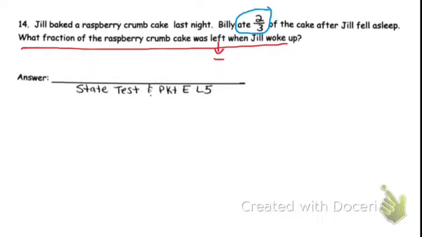So the fact that he ate it, which means it's now gone, and the question says was left, all goes together with the fact that this is a subtraction problem. So I know that I need to subtract this 2/3. But what am I going to subtract it from? There's no other number in here. Jill baked a raspberry crumb cake last night. Billy ate 2/3 of the cake after Jill fell asleep.